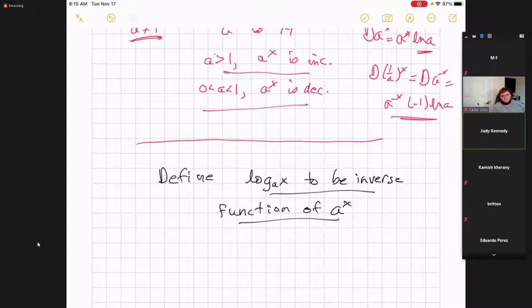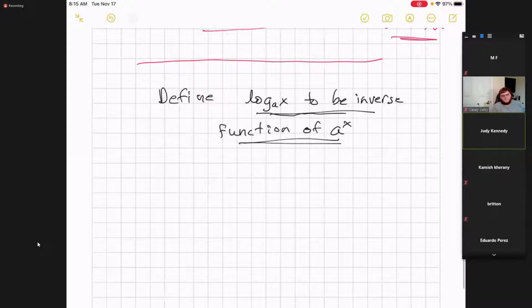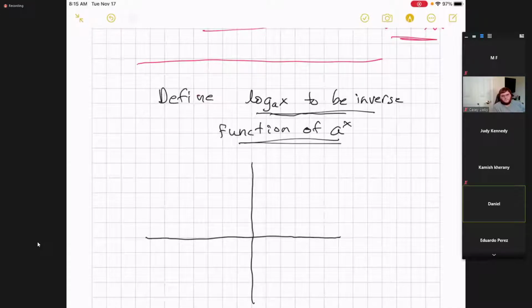Okay, so if I'm defining the log base a of x to be the inverse function of a to the x, let's draw a picture. Sorry, a little bit congested this morning. Dr. Kennedy? Yes. Is that log subscript a, exponent x? Yeah. Okay, I'll write it bigger. Log, and then a subscript a, and then x is a variable.